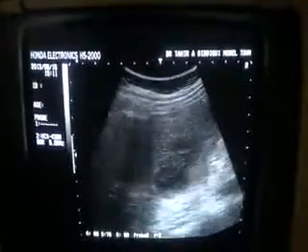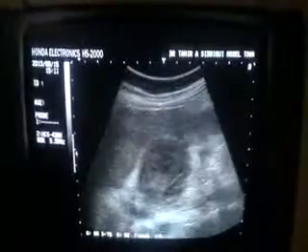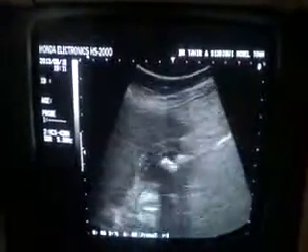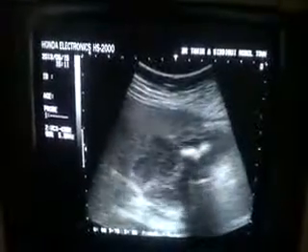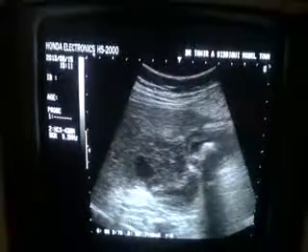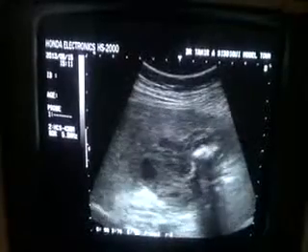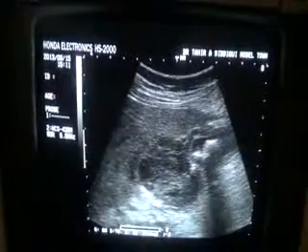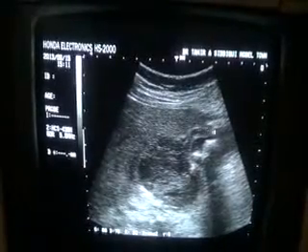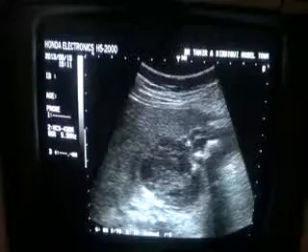but adjacent to the gallbladder lower part, now you see the anterior wall of the gallbladder, attached or relating to the anterior wall of the gallbladder. This is the anterior wall of the gallbladder.